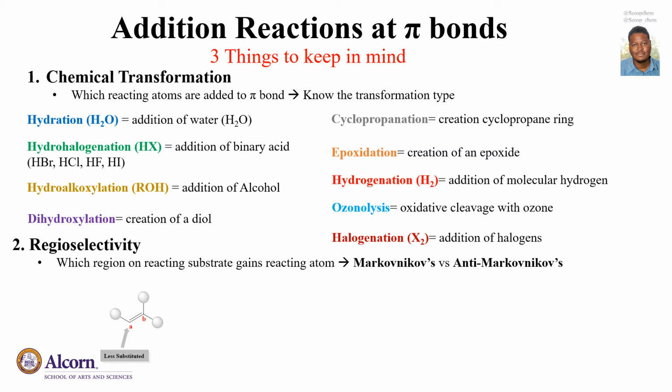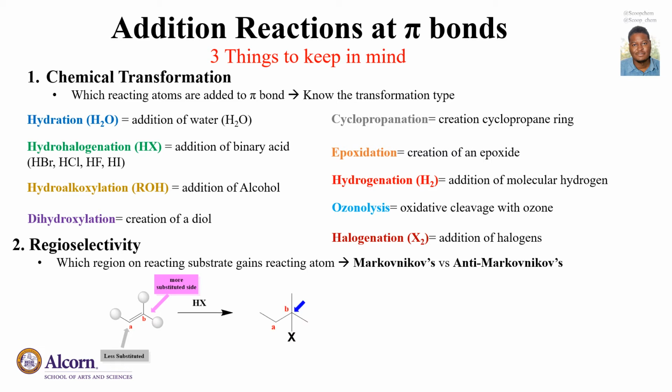Atom A is less substituted than atom B. As you can tell here, atom A has one carbon attached, while carbon B will have two carbons attached to it. Being more substituted means I have more carbons attached.